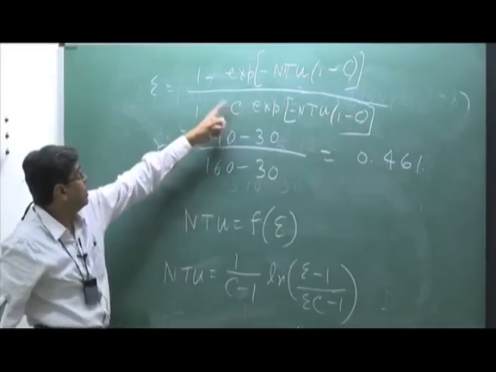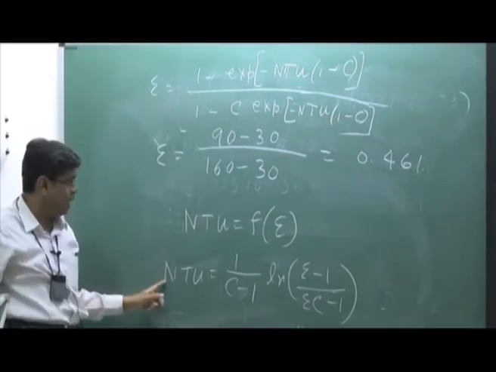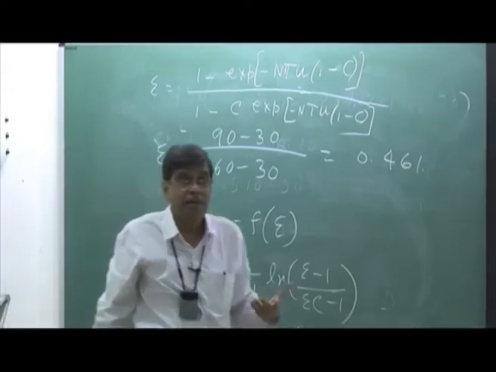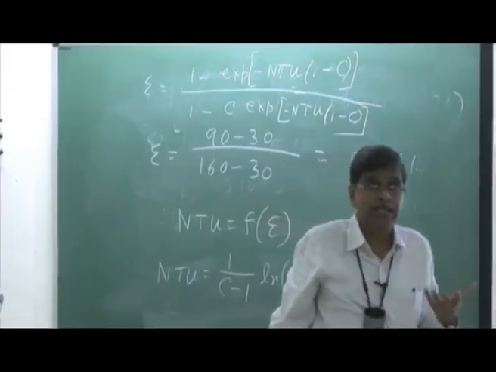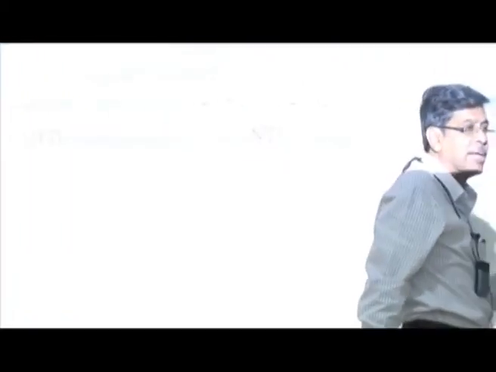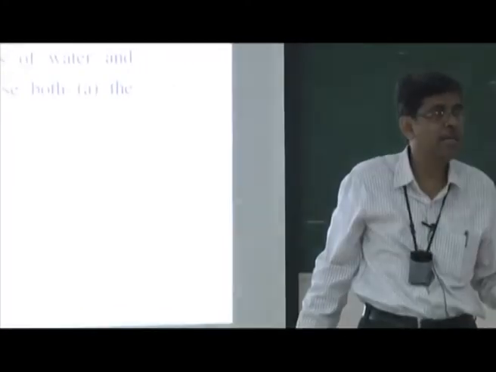You have to first from here express NTU. This is tough, but it can be done. Sometimes it is not possible to express NTU as a function of epsilon explicitly. Then this problem fails. That means then you have to go for iterations again.